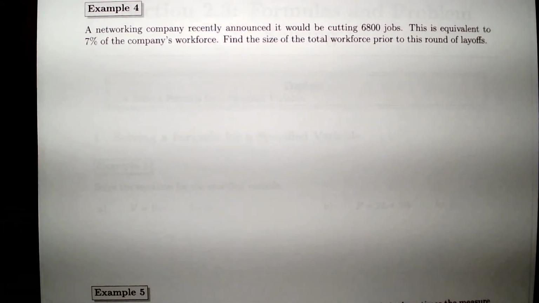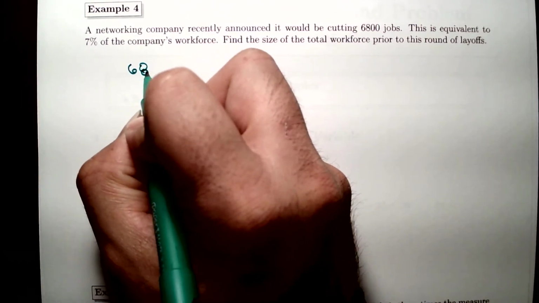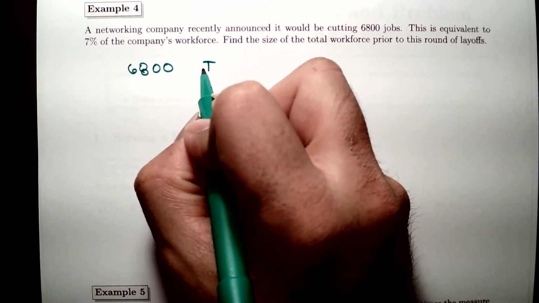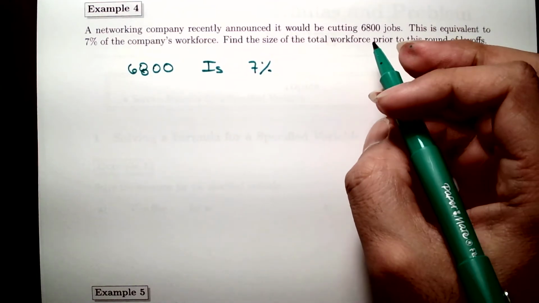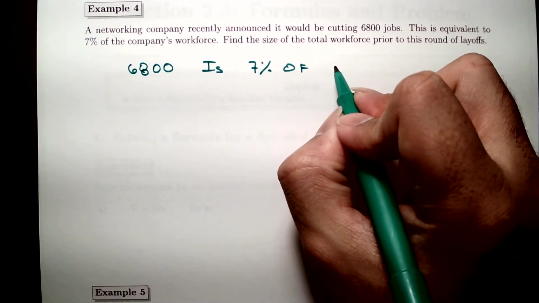So let's write that one in words first. So 6,800 is 7% of what number?